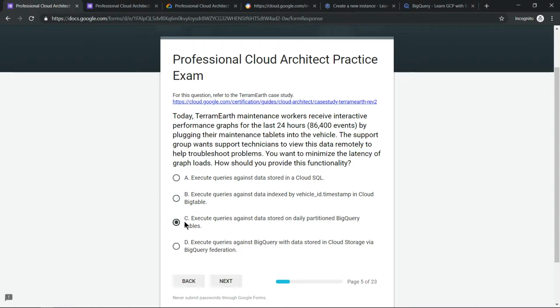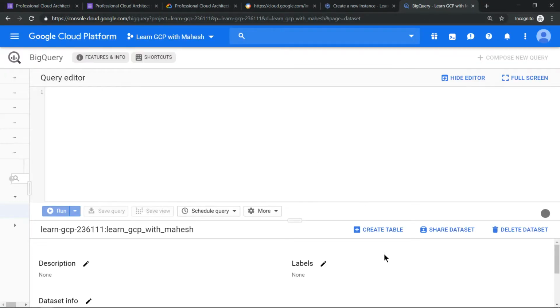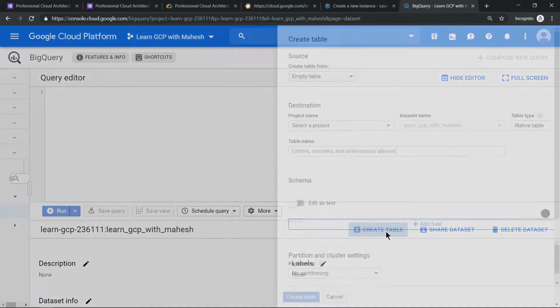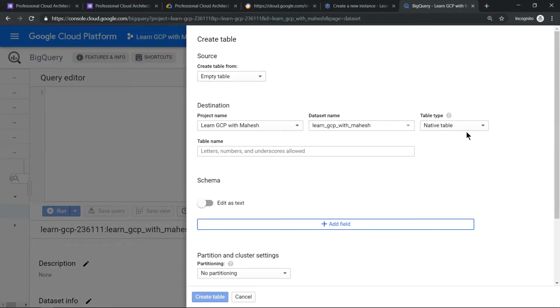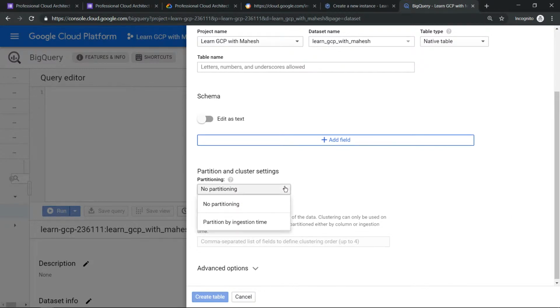So let's see option C, execute the queries against data stored in a daily partitioned BigQuery table. Let's go to BigQuery here and create a table. When you create a table, you have the option of partitioning.